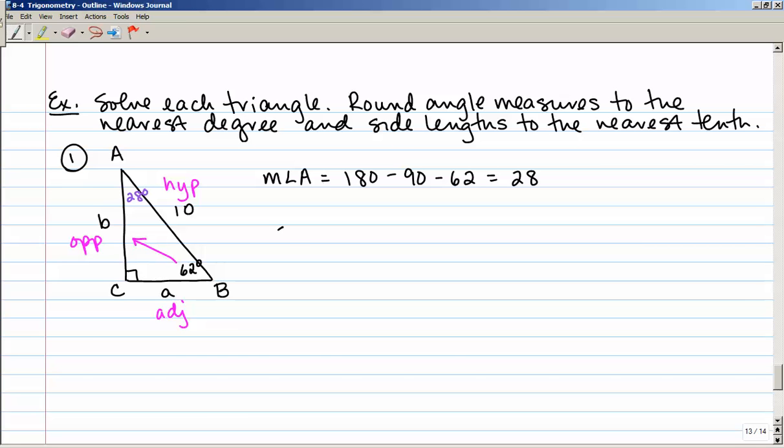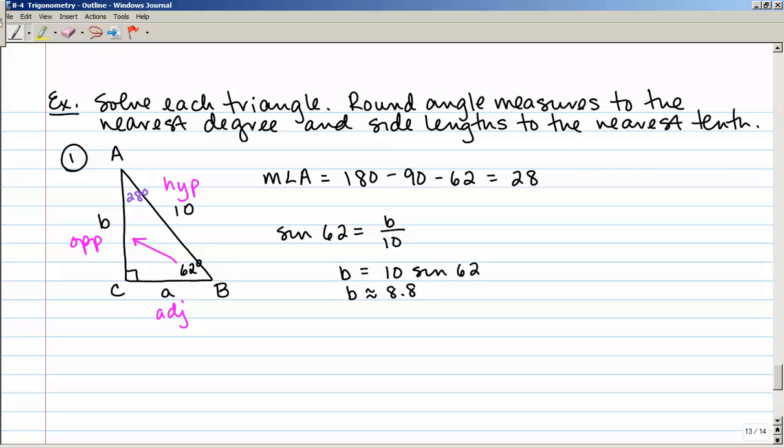So the sine of 62, that would be opposite over hypotenuse, is b over 10. Multiplying both sides by 10, I get that b equals 10 times the sine of 62, or b is approximately equal to 8.8.